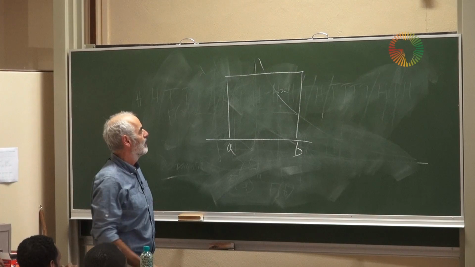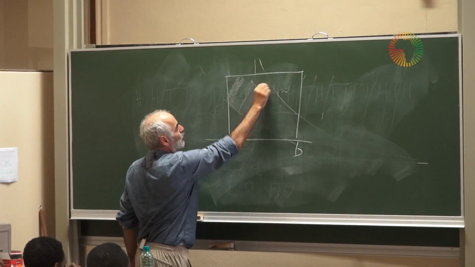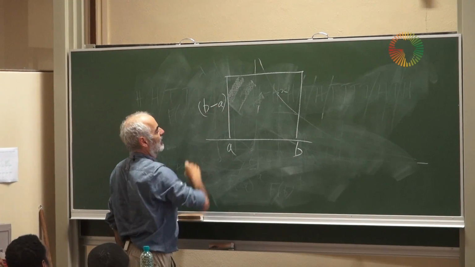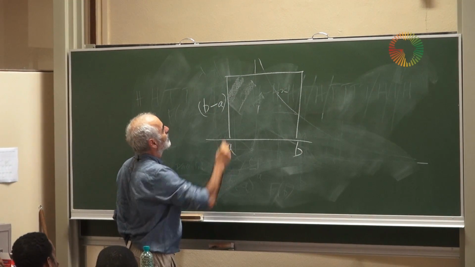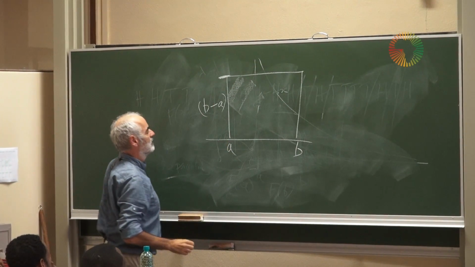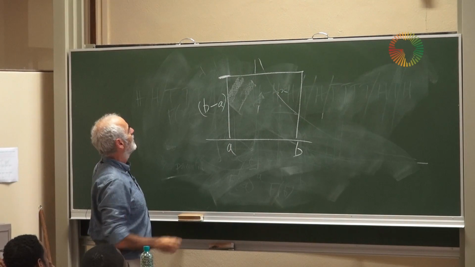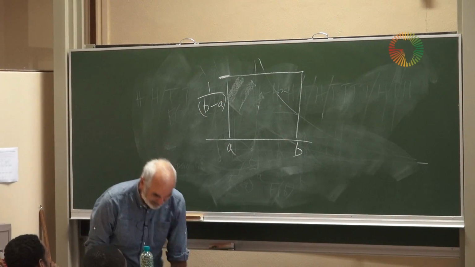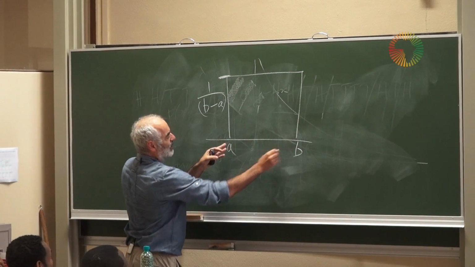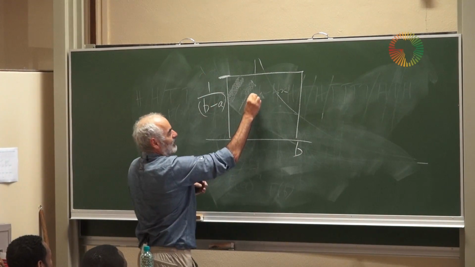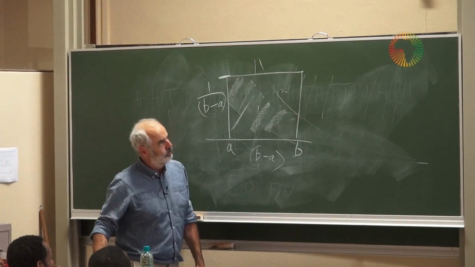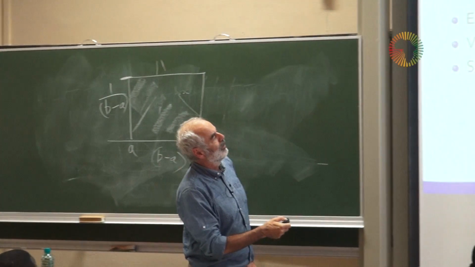Now, since this area must be 1, this height must be 1 over B minus A. Because this is length B minus A, and the product makes the area 1. So that's got height 1 over B minus A.